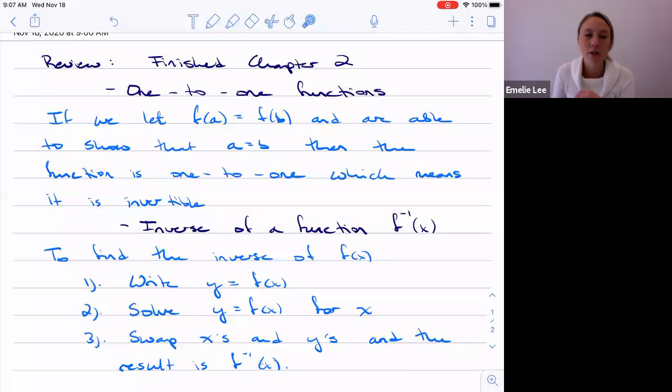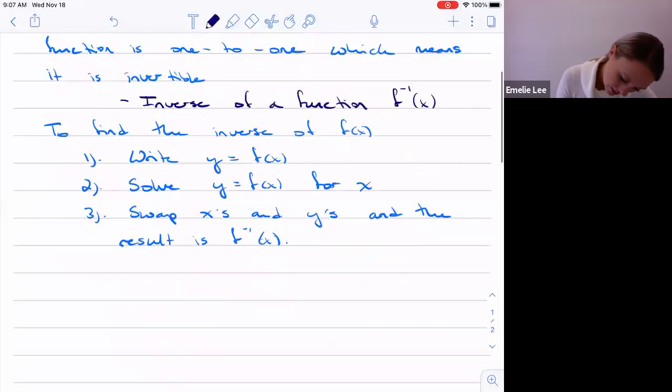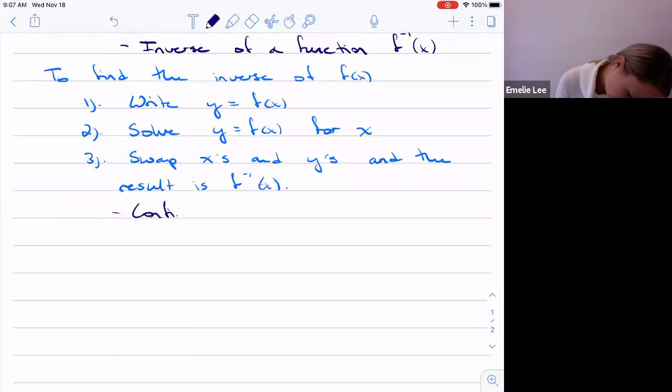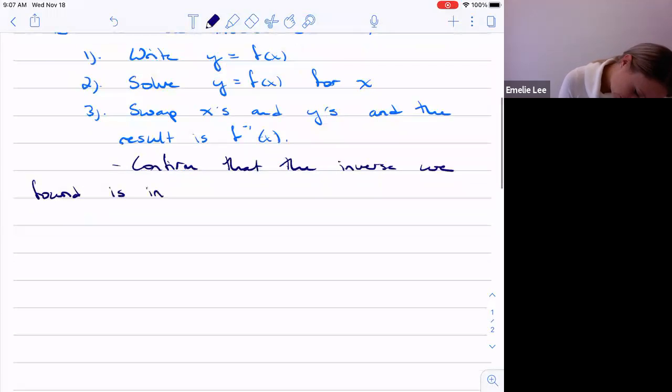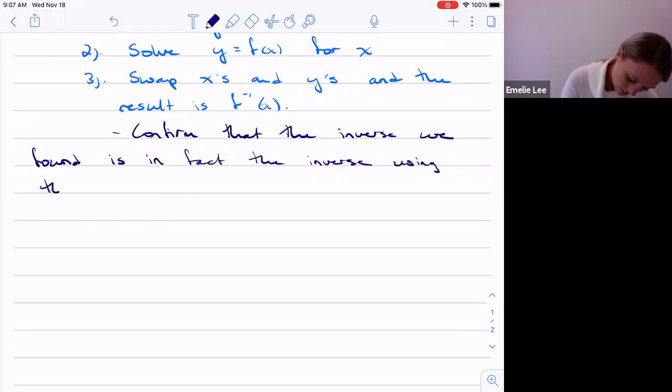Once we have the inverse, we can confirm that we have the inverse using the cancellation properties. So confirm that the inverse we found is in fact the inverse using the cancellation properties.